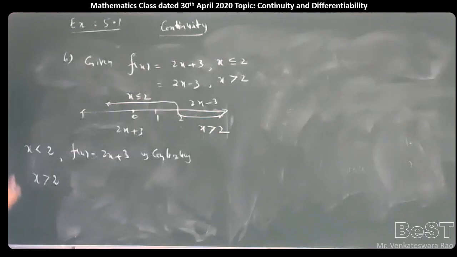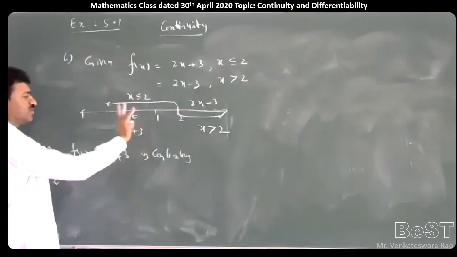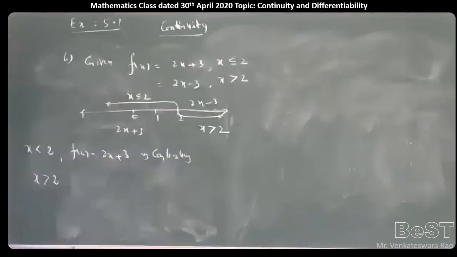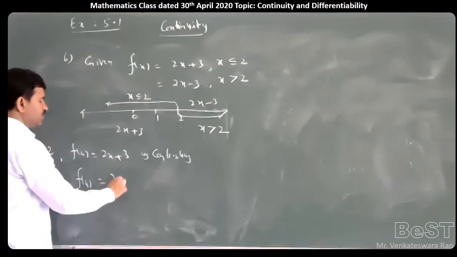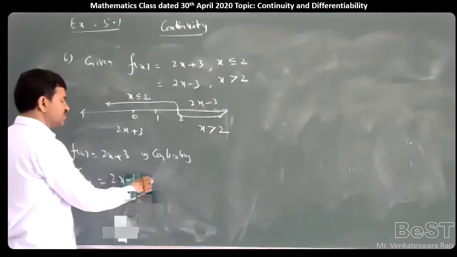How to write the answers may be confusing for you, so based on the conditions, write the answers. When x is less than 2, f of x is equal to 2x plus 3, a linear function, so you can write directly that it is continuous. When x is greater than 2, f of x is equal to 2x minus 3, which is also continuous.